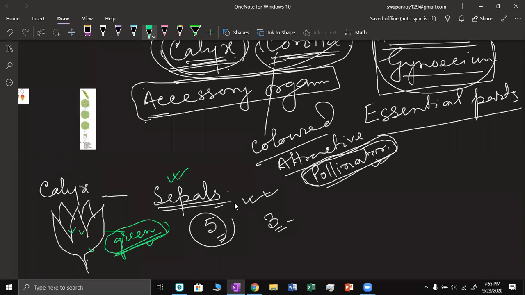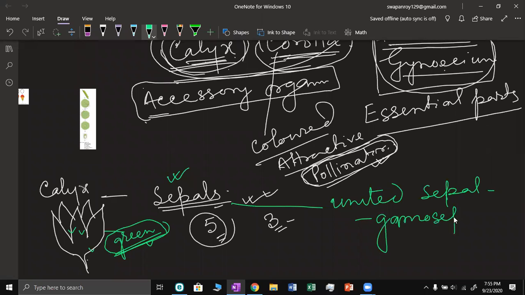So when these sepals are united, this is known as gamosepalous. When it is gamosepalous, we get it in case of China rose.